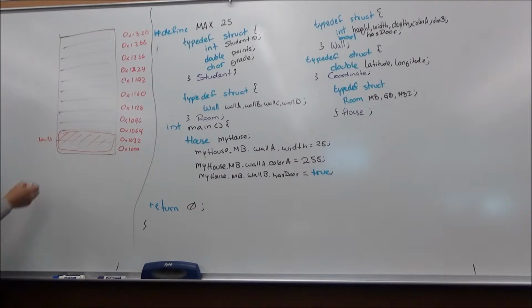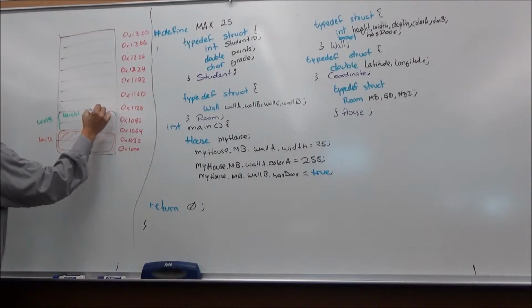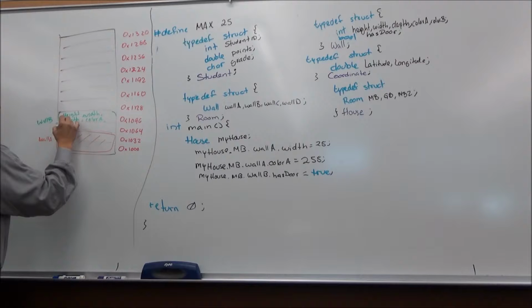And here is wall B. Let's use another color. And in each wall, there's the int height. Each one has the height, width, depth, color A, and there are ints, of course, color B, and has door.